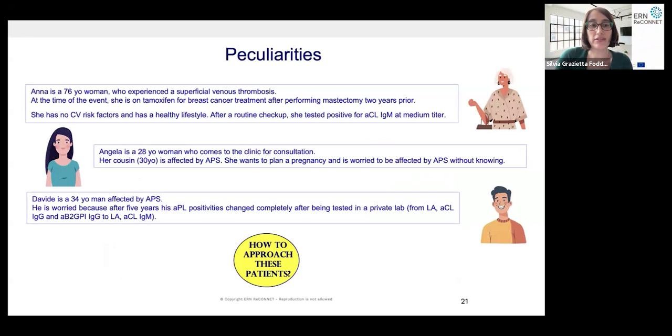At the time of the event, she's on tamoxifen, a treatment for breast cancer after a mastectomy 2 years prior. She has no cardiovascular risk factor and has a healthy lifestyle. After a routine checkup, she tested positive for anticardiolipin antibodies of IgM isotype at medium titer.